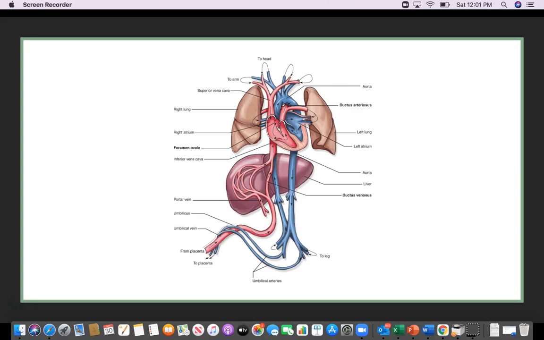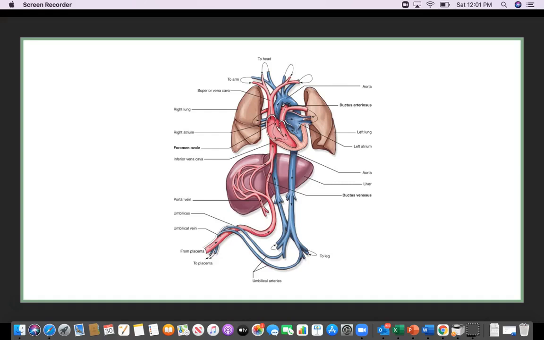The oxygen-rich blood that enters the fetus is sent through the ductus venosus, the shunt that passes highly oxygenated blood through the liver to the inferior vena cava, and then to the right atrium of the heart. A small amount of this blood does go directly to the liver to give it the oxygen and nutrients it needs to grow.